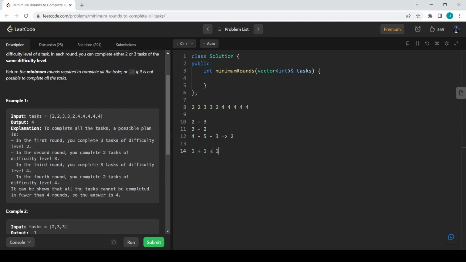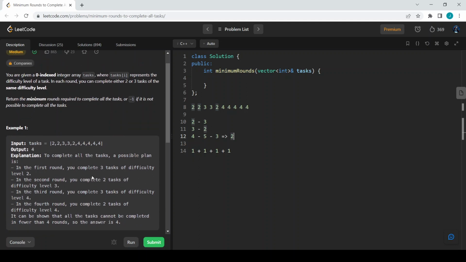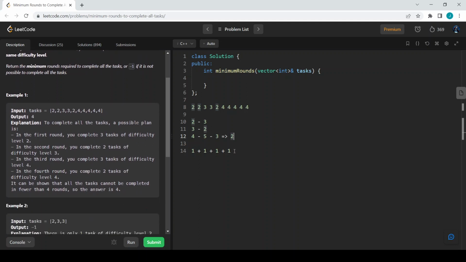We take another round to complete these two tasks left over for difficulty level 4, and it becomes 0, so we have completed all the tasks. So the total rounds for this example is 4.